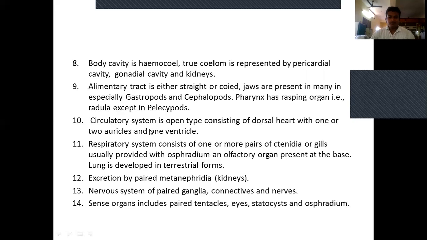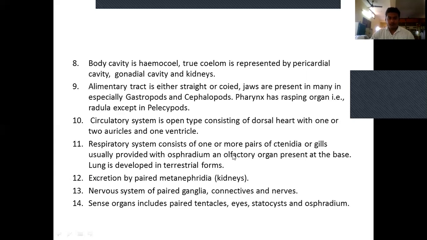Respiratory system consists of one or more pairs of ctenidia or gills, usually provided with osphradium, an olfactory organ present at the base. Lung is developed in terrestrial forms. In certain mollusks, the respiratory system is found in two ways. One is aquatic mode of respiration and second is aerial mode of respiration.